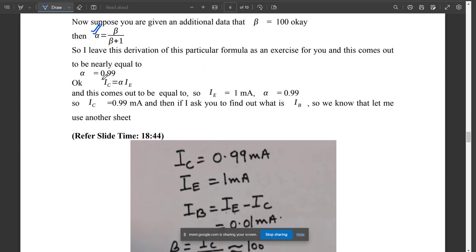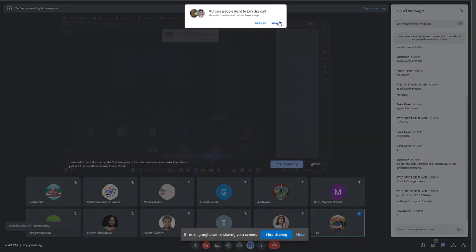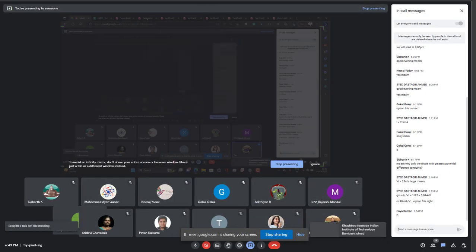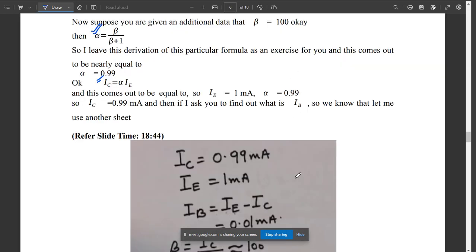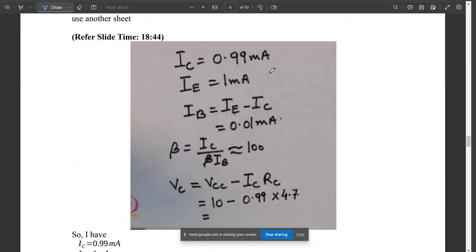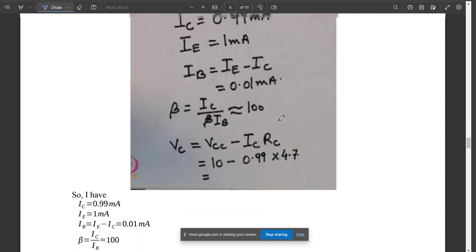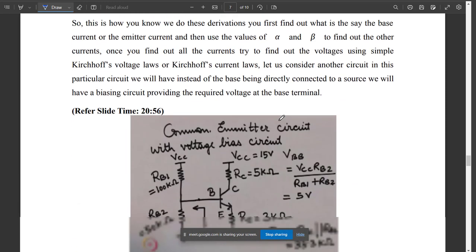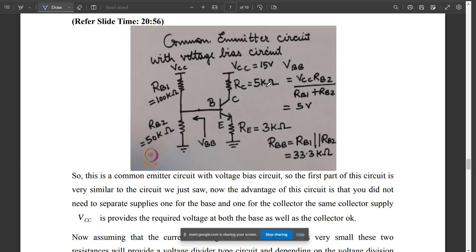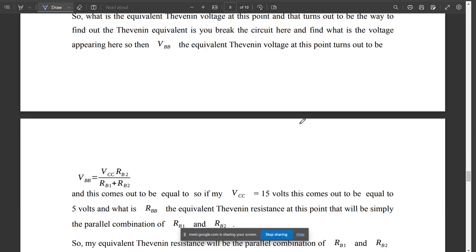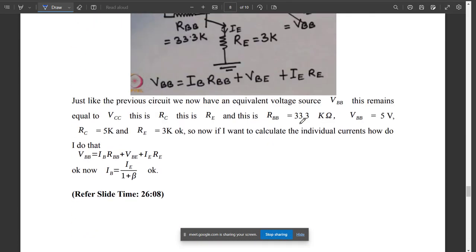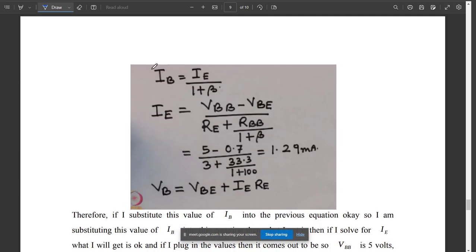From alpha you can find out IC, which is equals to alpha IE. I'm not giving you the formulas right now, I'm trying to make you remember what are the formulas to solve this question. Okay, IB can be also written as IE by 1 plus beta.